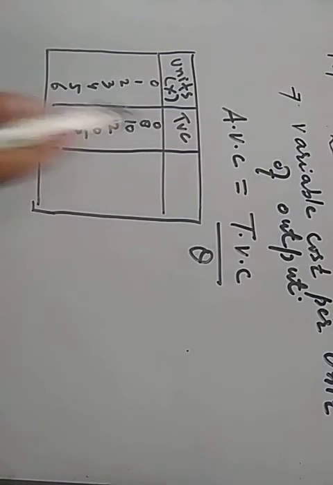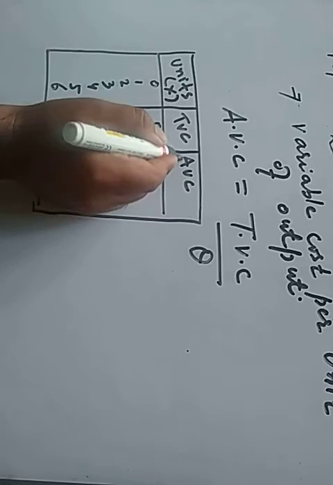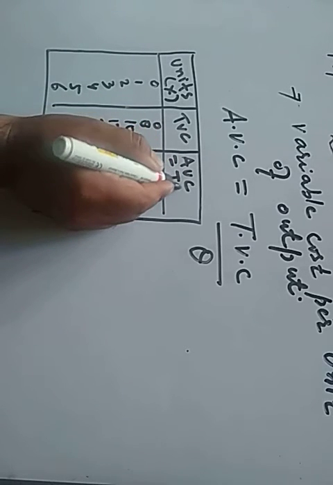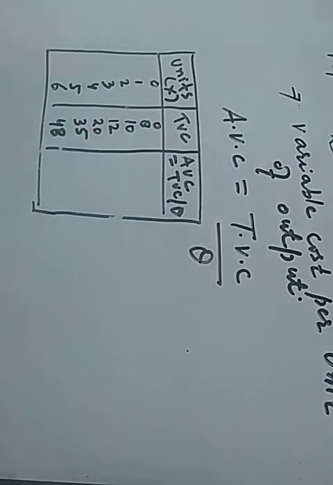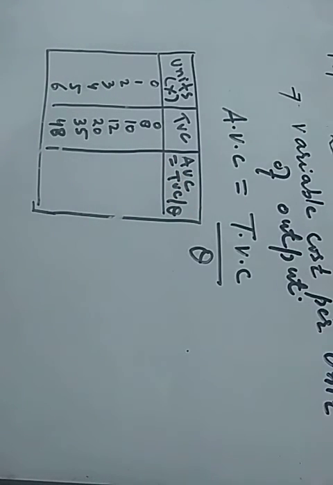Now from this total variable cost and different levels of output, we can calculate average variable cost, that is, variable cost per unit of output. Average variable cost equals total variable cost divided by different levels of output.